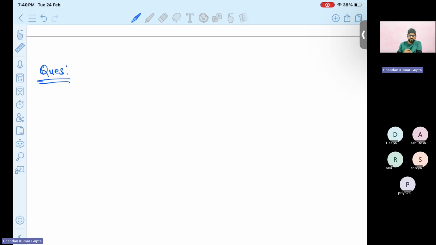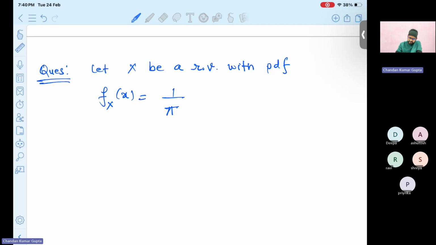We are given a random variable x. Let x be a random variable with probability density function 1 upon pi times 1 upon (1 plus x square), for x taking all real values.